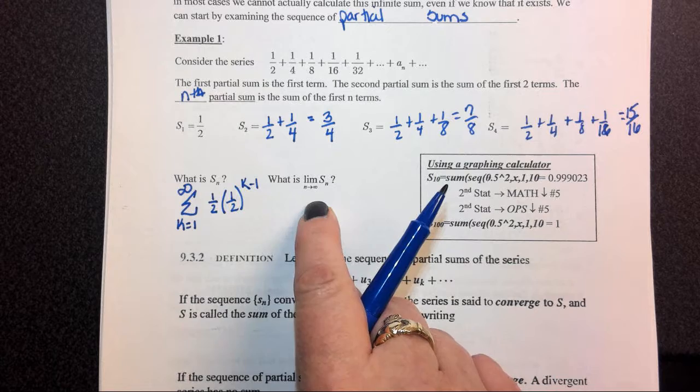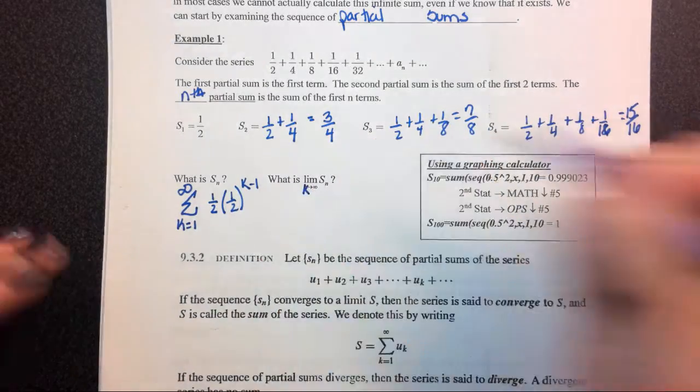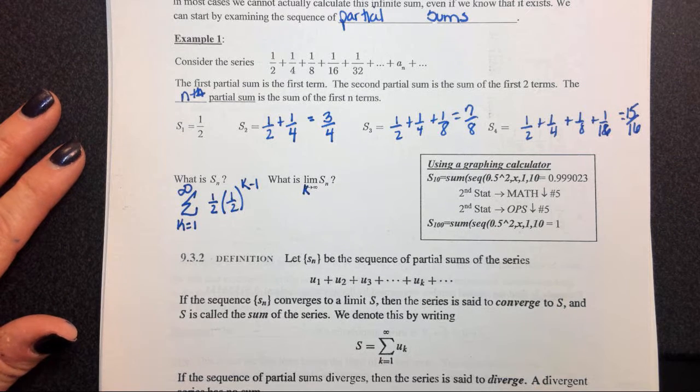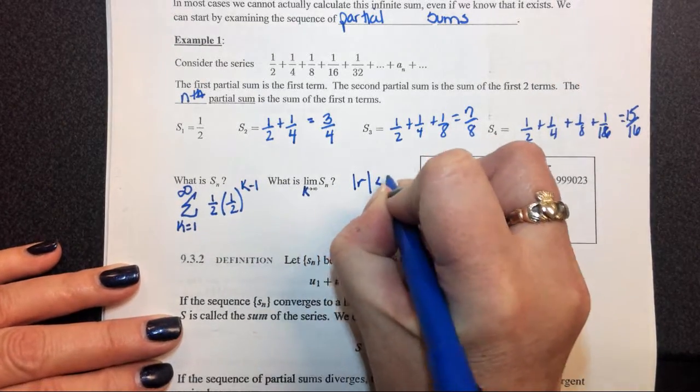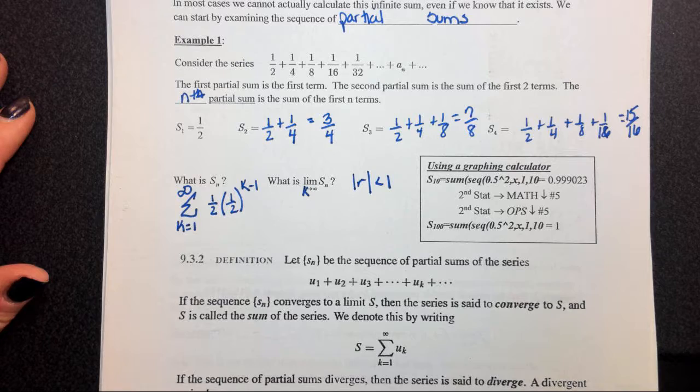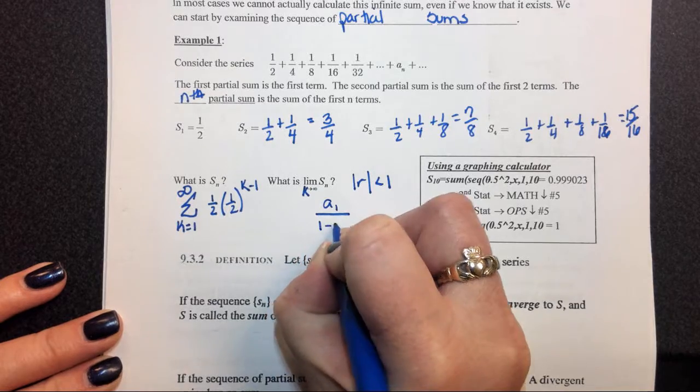What's the limit as n approaches infinity, or in this case it should be k approaches infinity? Do you remember how you can calculate the sum of an infinite geometric series? Remember, if the absolute value of r is less than 1, you can calculate the sum of your infinite series. The formula is a sub 1 over 1 minus r.